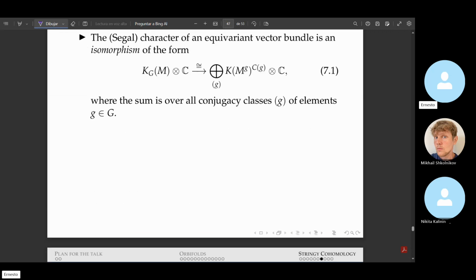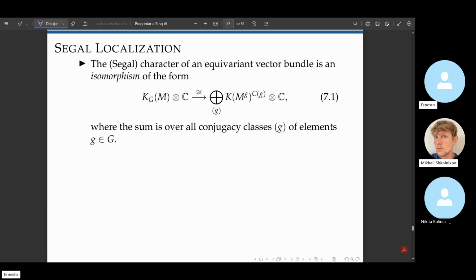And the Segal character generalizes the notion of the character of a representation, and is a map that goes from the equivariant K-theory. Now, notice that while rational cohomology saw nothing, rational K-theory, even over the complex numbers, sees a lot.